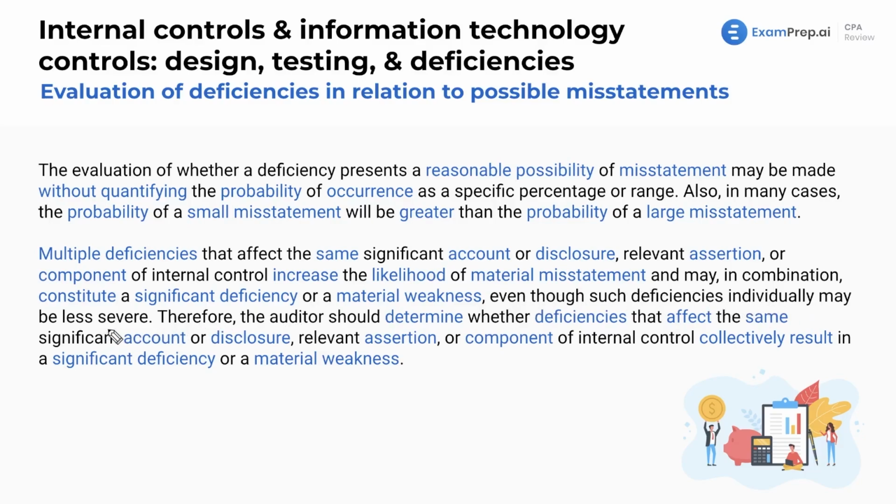In the aggregate, as we're drilling down here, all of these could come together and show some sort of issue. Therefore, the auditor should determine whether deficiencies that affect the same significant account or disclosure, assertion, or component result in a significant deficiency or a material weakness.